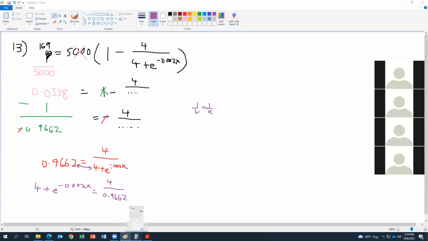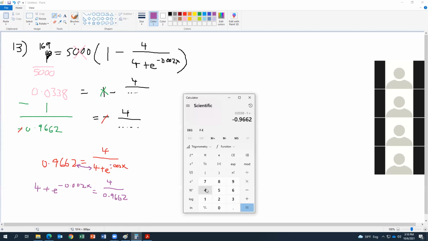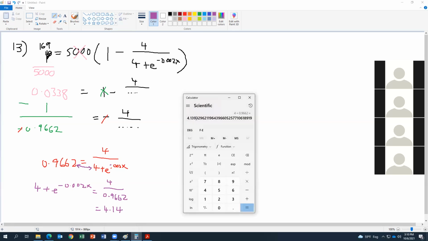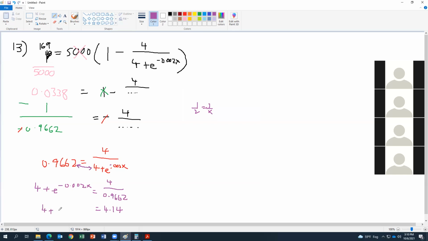Now you can use your calculator and do 4 divided by 0.9662. Again, you cannot round this number. It comes with all the decimals here. It's 4.14, I just rounded it, but please don't round this. You have to use all your decimals. And this is 4 plus e, and so on.